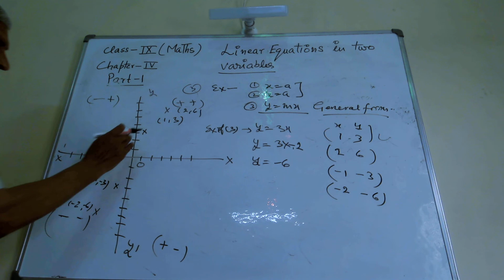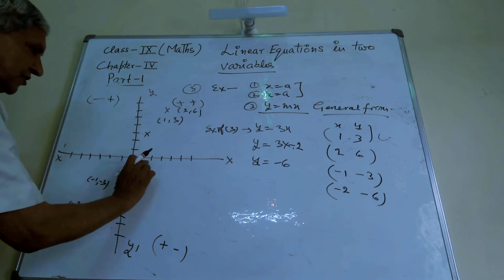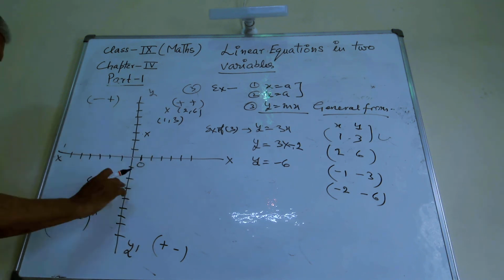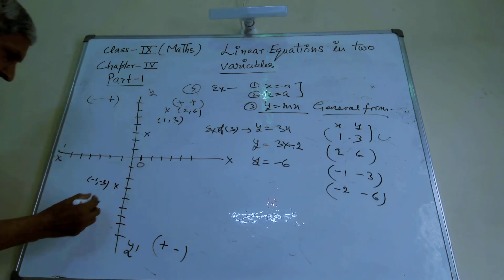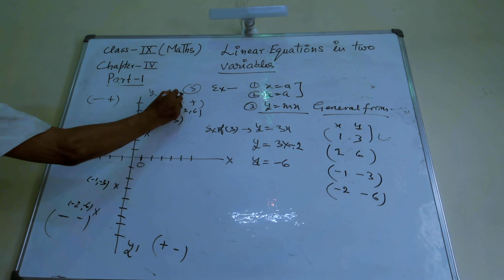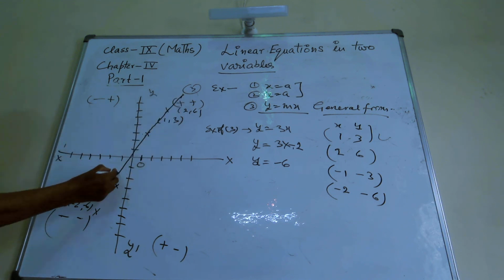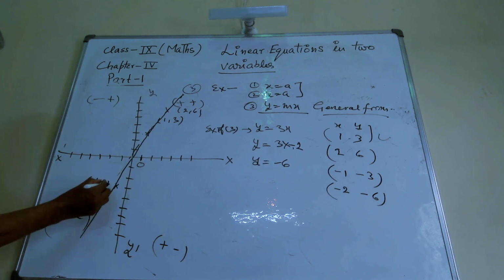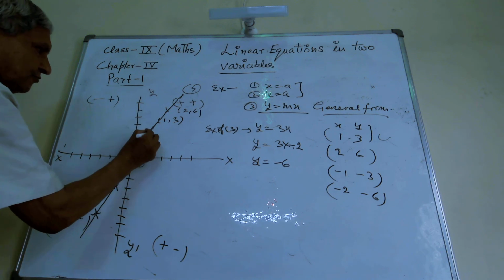So here you see, because the distance of this marking is not equal, these points miss. This is the equation. I am drawing this line. You will get the accurate position on the graph paper.